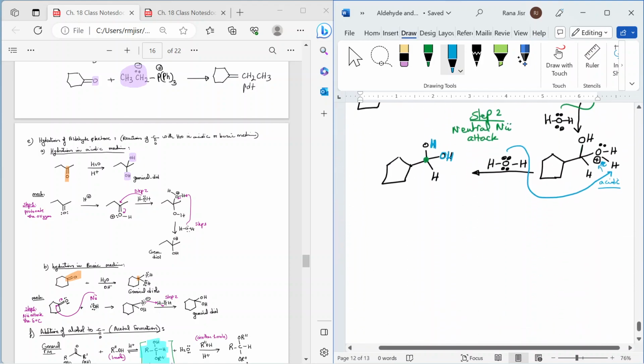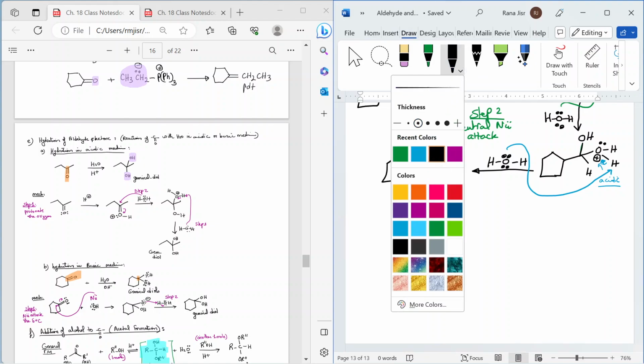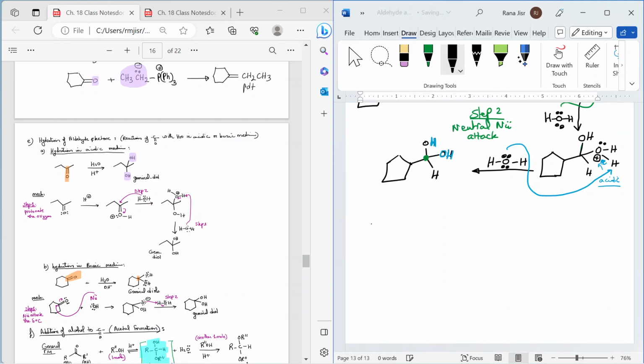Hydration reaction can happen also in basic medium in the same mechanisms that we've talked about before. So the hydration can also happen in basic medium. So now if it is in basic medium, I shouldn't have any acid in the solution.